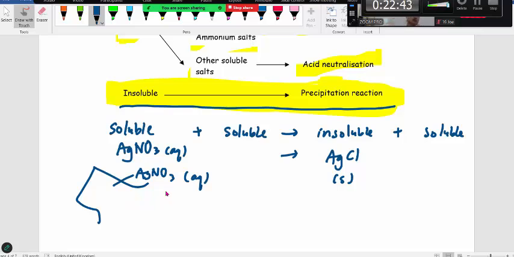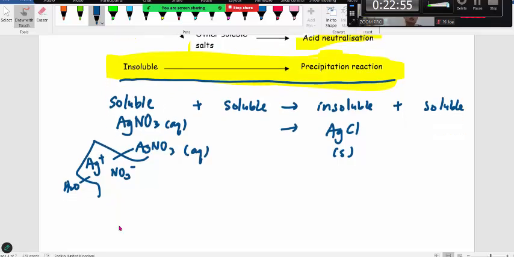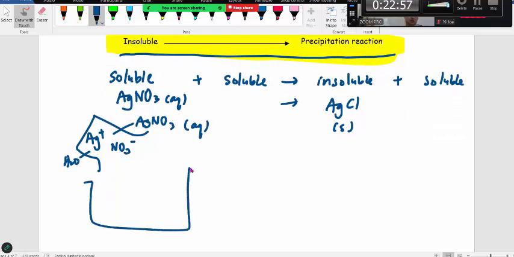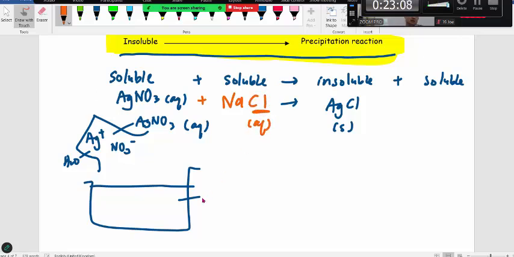So the nitrate is freely moving in between the water. Okay, and then you mix it in a solution with, you can use sodium chloride because sodium chloride is aqueous and sodium chloride has chloride.